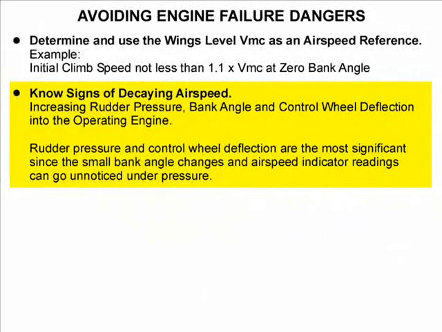Next, watch for signs of decaying airspeed, such as increasing rudder pressure, bank angle, and control wheel deflection into the operating engine. Rudder pressure and control wheel deflection are the most significant, since small bank angle changes and airspeed indicator readings can go unnoticed under pressure.